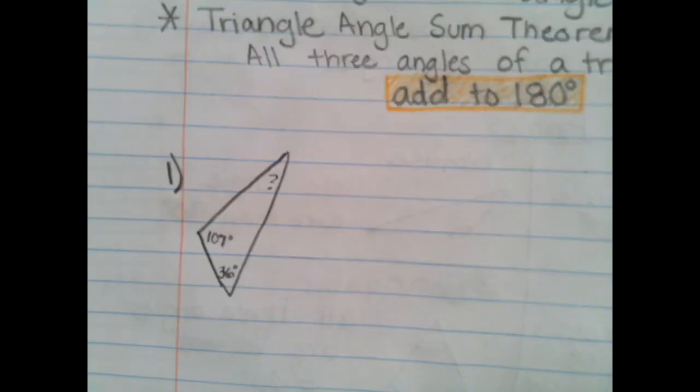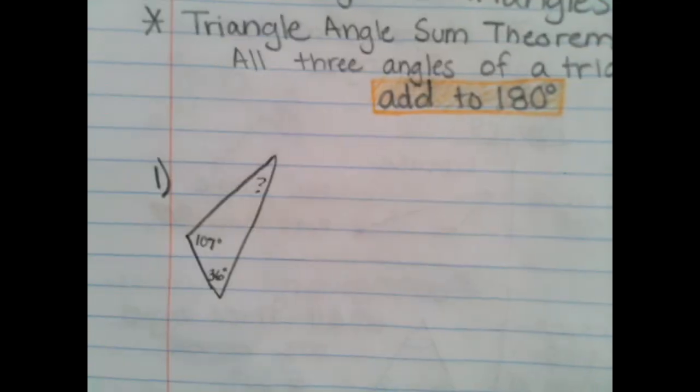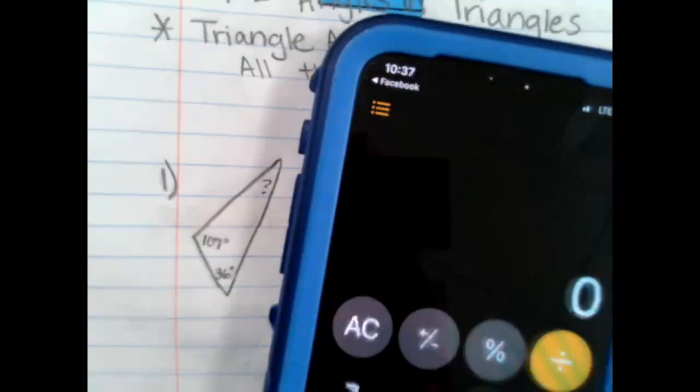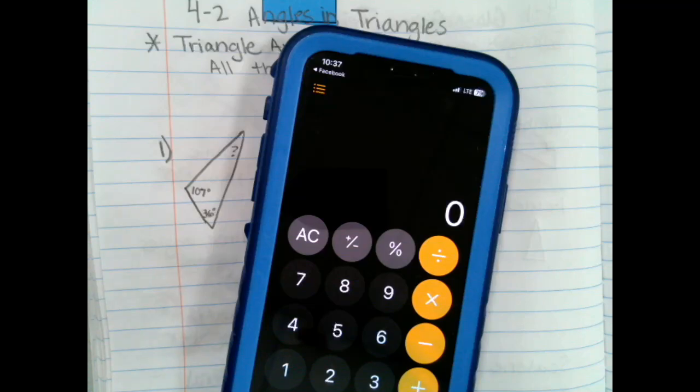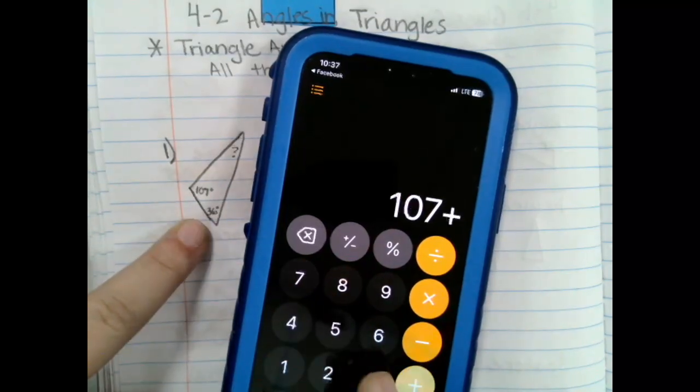Okay, a couple ways to do it. In fact, we came up with 3 different ways in my last class. So how would I find out that missing amount? We know all together they have to be how much? 180. So how am I going to find one missing amount if I know 2 of the amounts? Yeah, we could add them. 107 plus 36.